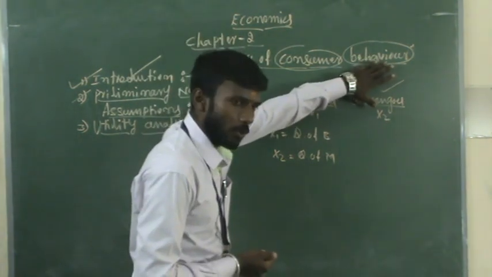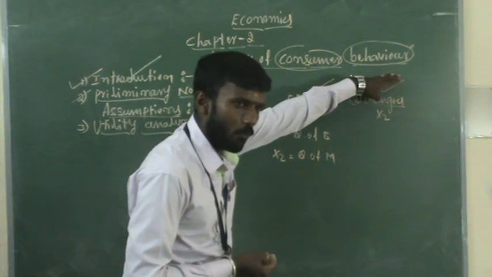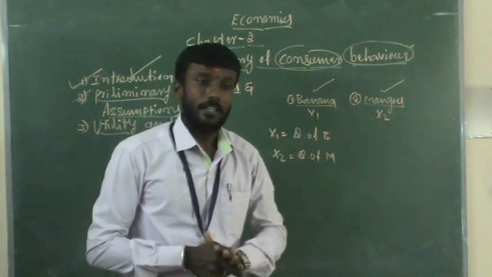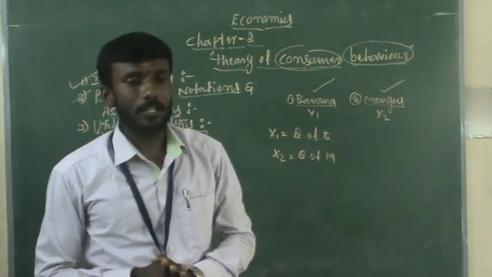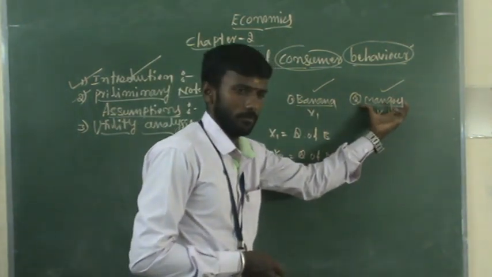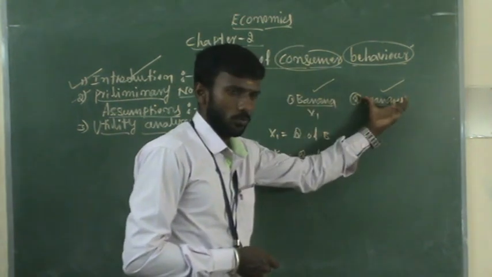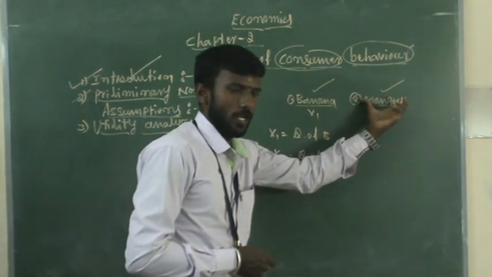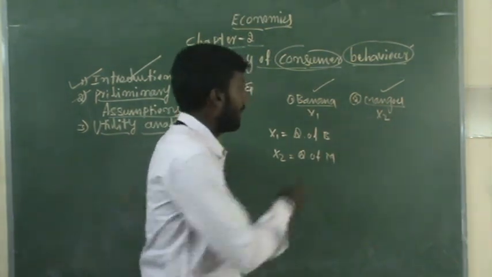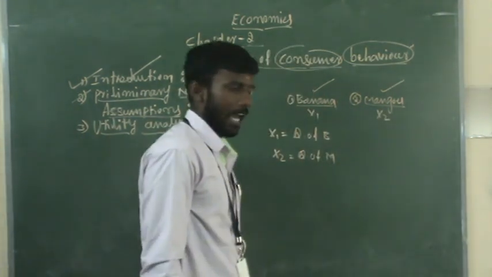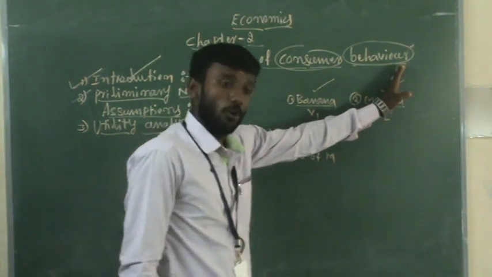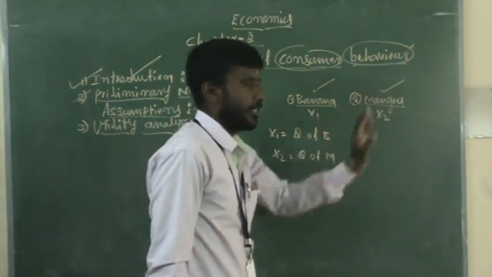This concept we are going to explain with the help of one example. Let us consider here there exist two goods or two commodities such as one is banana and another one is mango. Good one, good two. Commodity one, commodity two. Now these two commodities we are going to economically denote x1 and x2. ಅಲ್ವಾ? ಈಗ ಬನಾನಾ ಮತ್ತು ಮ್ಯಾಂಗೋ ಇರತಕ್ಕಂಥ ಎರಡು ವಸ್ತುಗಳನ್ನು ಕೂಡ ನಾವು ಎಕನಾಮಿಕಲಿ ಡಿನೋಟ್ ಮಾಡ್ತಾ ಇದ್ವಿ x1 x2.